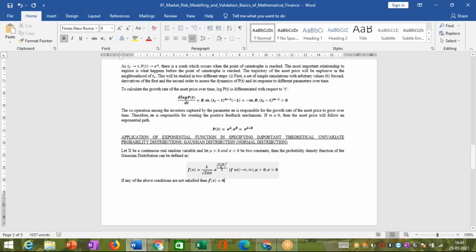So for the probability density function to be defined, these conditions must be satisfied. That is, x must be real, mu must be greater than 0 and sigma greater than 0.